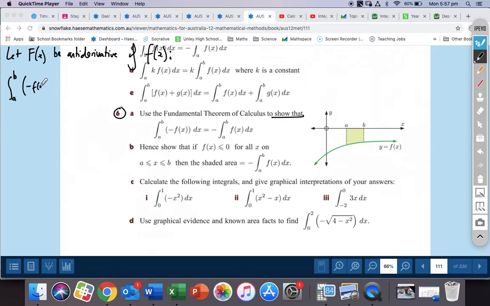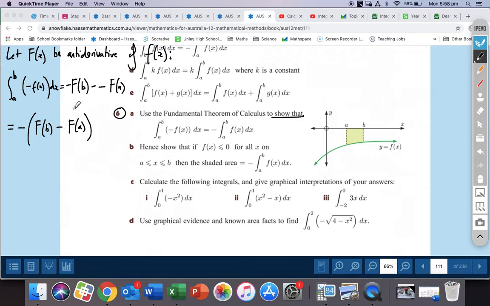So we start with the left-hand side. We've got minus f of x dx, and that will equal negative capital F of b, coming from this statement here, minus the negative of capital F of A. So that equals, pulling minus out of that statement, capital F of b minus capital F of A. A minus minus makes a plus, or think of it as I just pulled one minus out of the brackets.